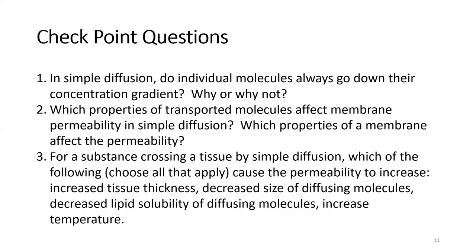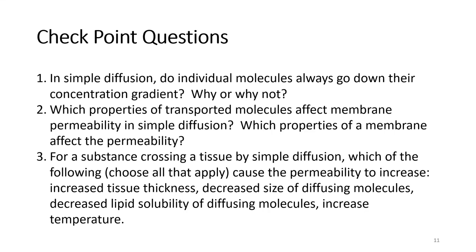The third option here is decreased lipid solubility of diffusing molecules. So if the molecule is not lipid soluble, it is not going to be going through that membrane as easily. So that is going to actually decrease the permeability. So we would not select that option. If we decrease the lipid solubility, we decrease the particle's likelihood to get through that phospholipid bilayer. And then the last option is increase the temperature. Absolutely. If we increase the temperature, we increase the thermal motion of particles, and they're more likely to move in general, let alone move across the membrane from side to side.